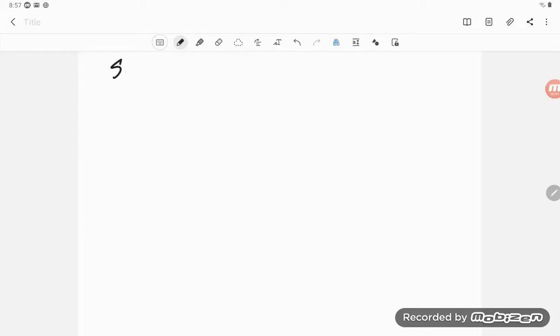Here we have section 3.4, and we're defining a basis. And it's pretty straightforward.